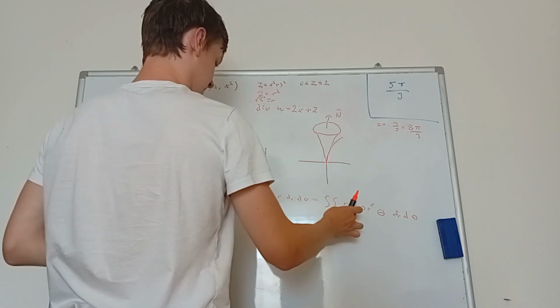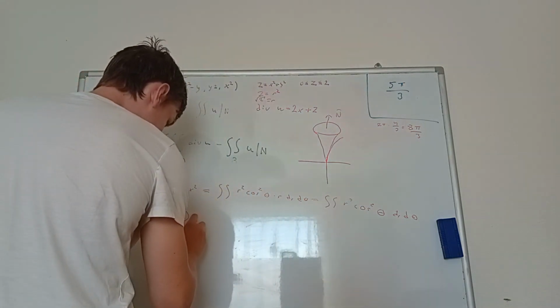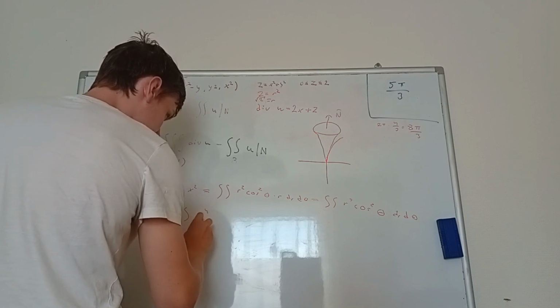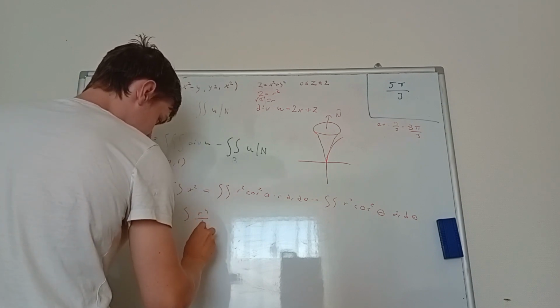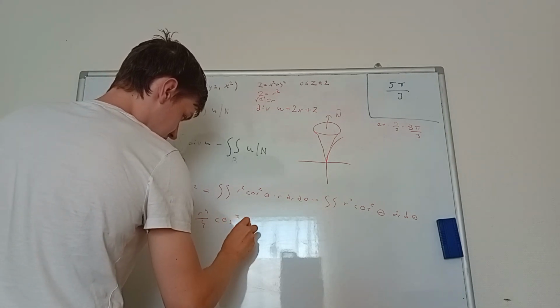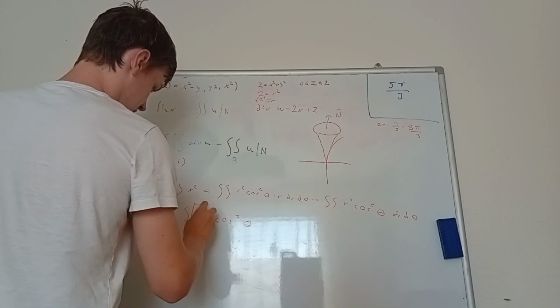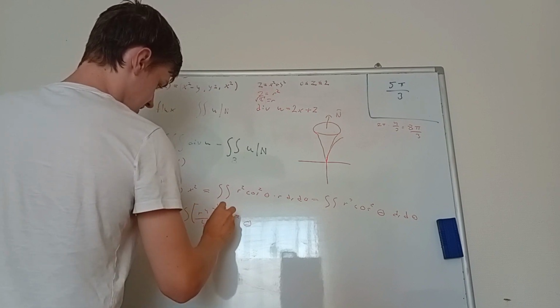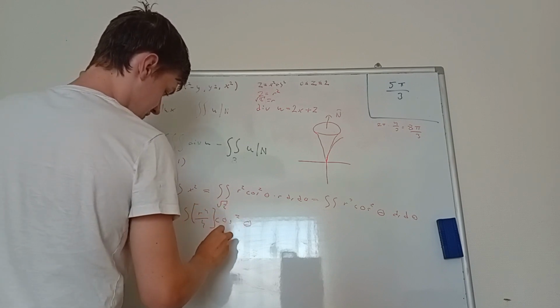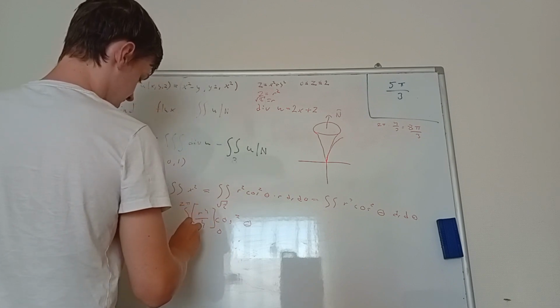So if we take the integral of r to the third, we get r to the fourth over 4, and we have cosine squared theta, and the borders for r, just like before, are square root of 2 and 0, and the borders for theta are 2 pi and 0.